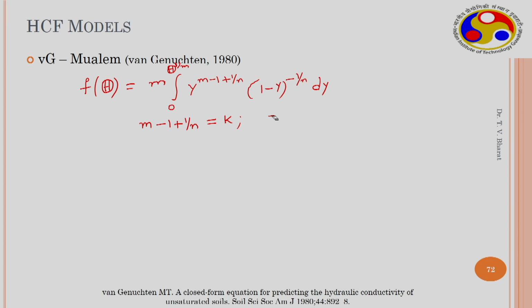Likewise, you can derive any number of particular solutions. So for example, k equals 0 results in one particular solution, that is f of theta equals m times integral 0 to theta power 1 by m.